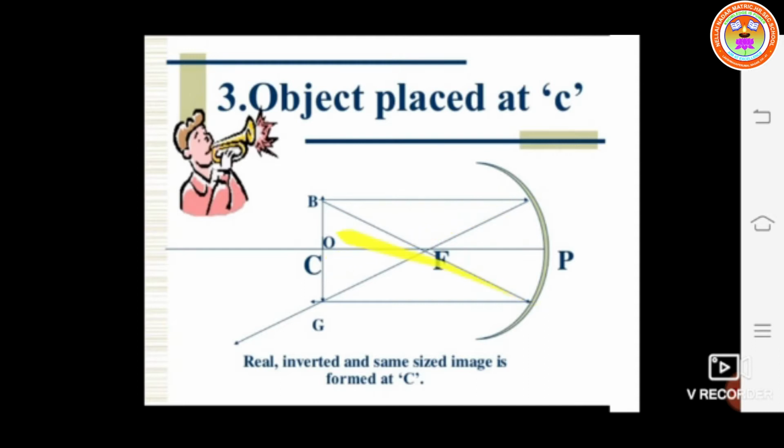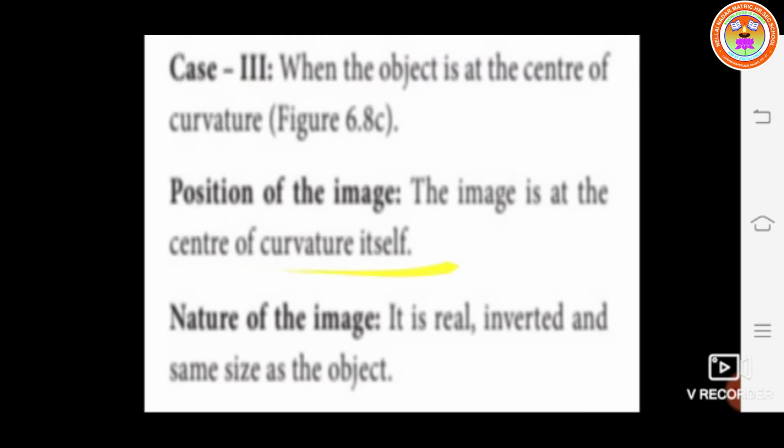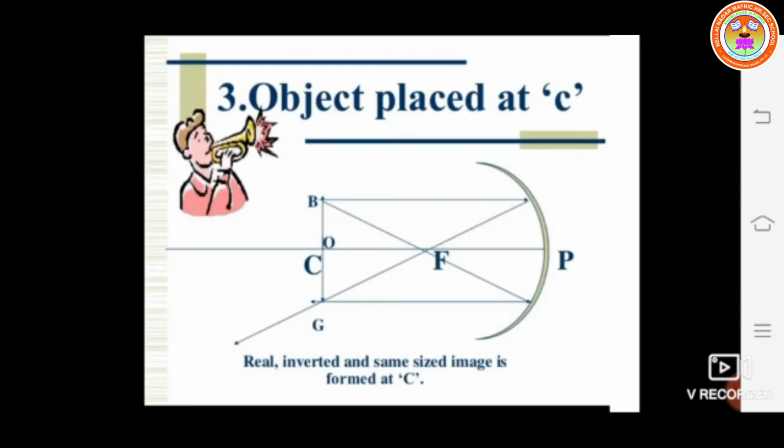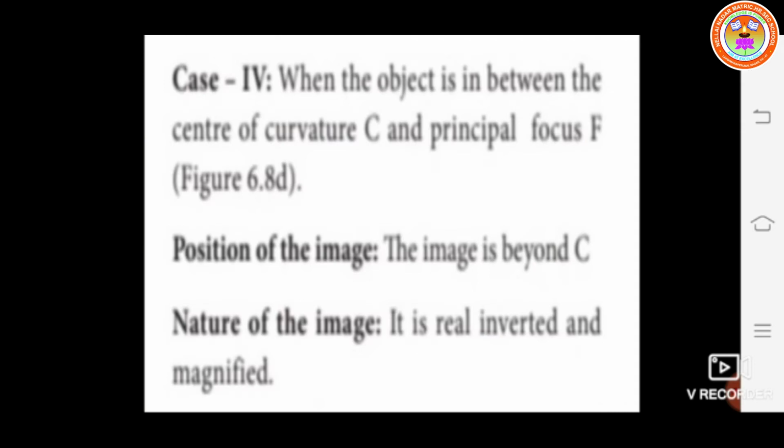The reflected ray also forms the image at the center of curvature itself. The nature of the image is real, inverted and the same size as the object.